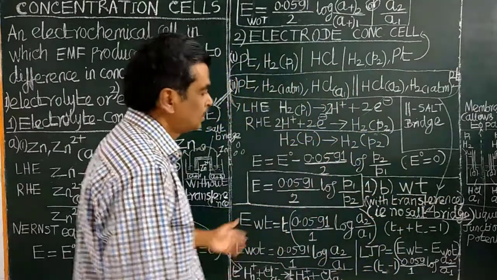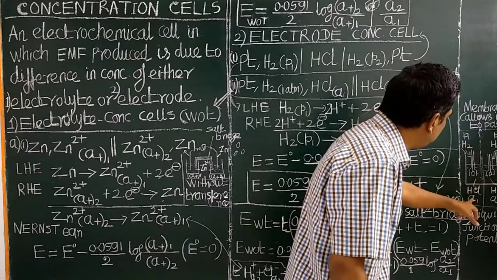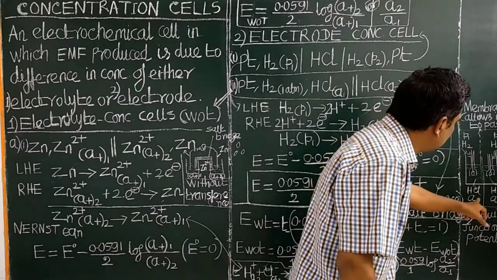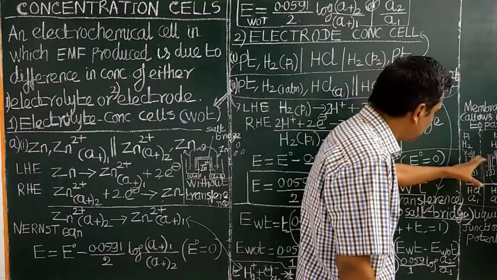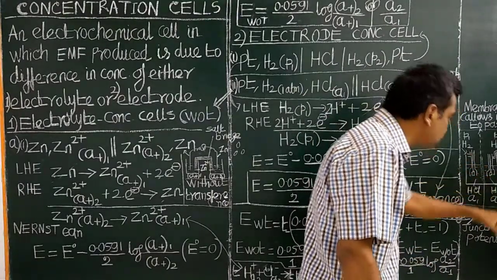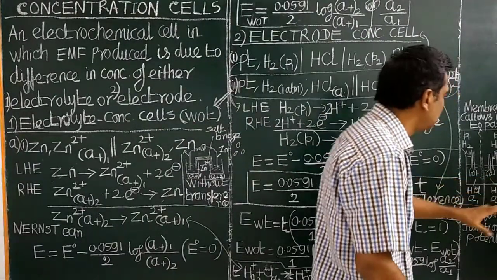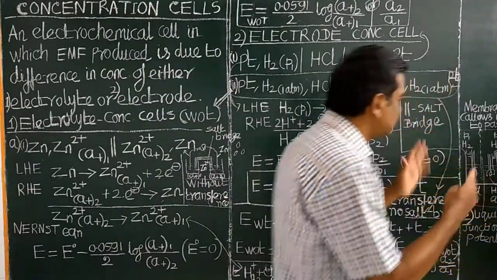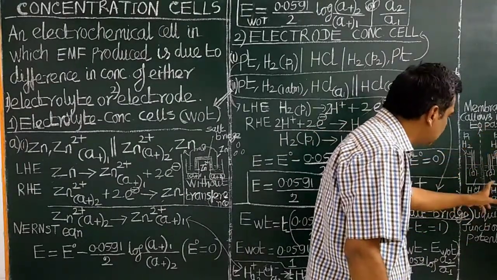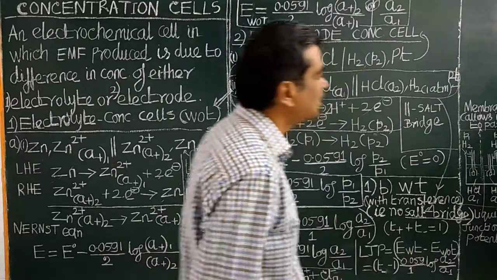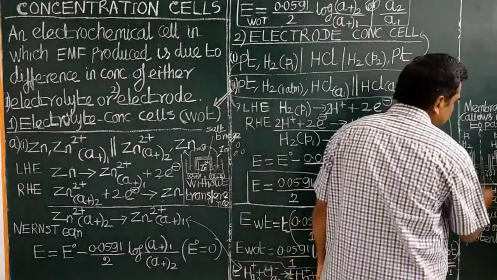For example, I have shown here a platinum hydrogen electrode dipped in HCl of different concentration. Therefore, the two solutions are in direct contact with each other. Two electrolytic solutions of different concentrations are in direct contact with each other. Therefore, at the liquid junction, a potential is developed due to the concentration gradient.